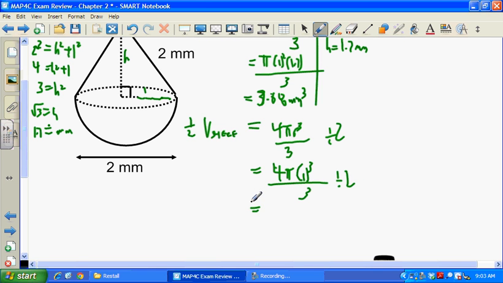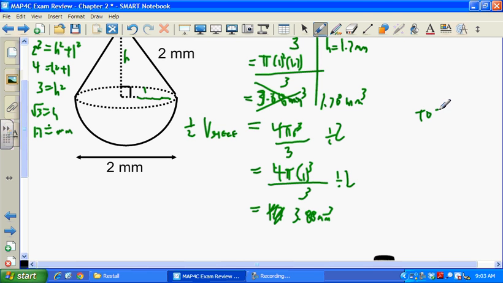Jam that all in there, and you get 1.6. Oh, shoot, I mixed these two up from my notes. Sorry, folks. This one was 3.88 millimeters cubed. This one, sorry, go back and fix that, is 1.78. I was just looking off my notes wrong.